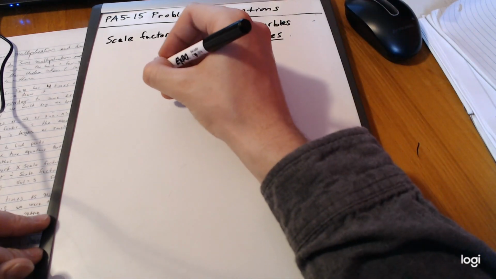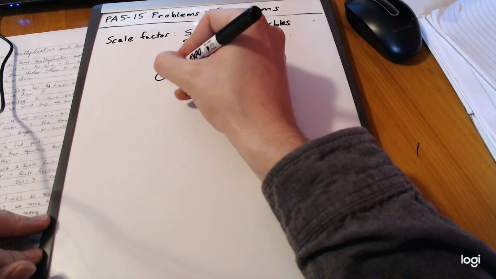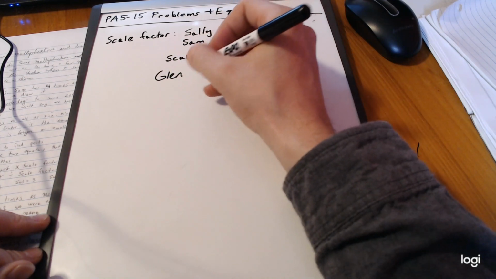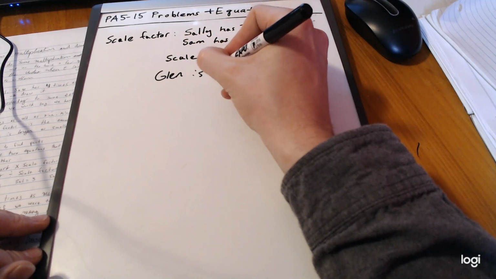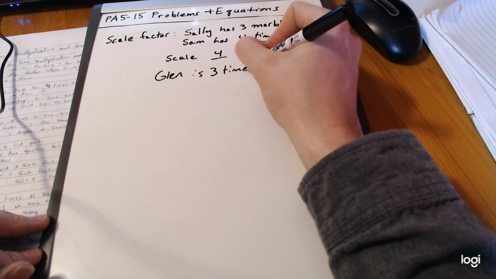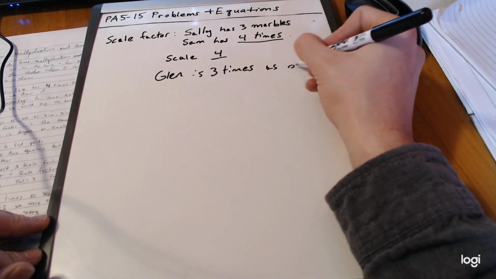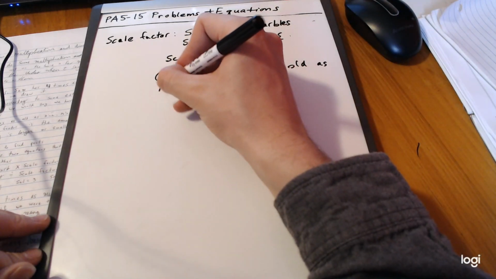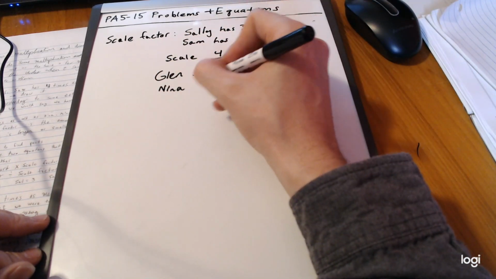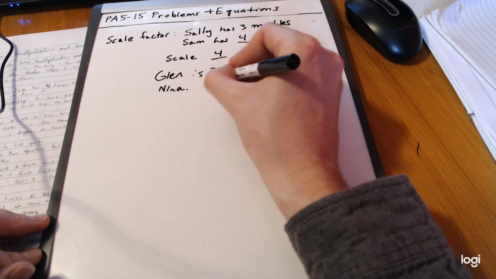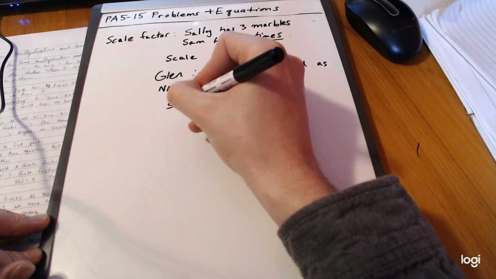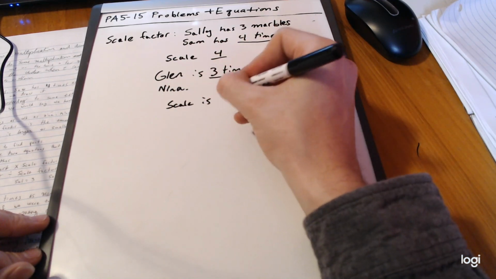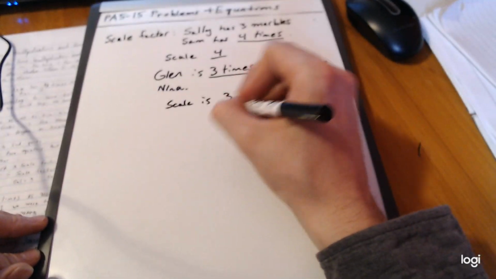I'm just going to show you one other example. If we had Glenn, and I told you he is 3 times as old as Nina, the scale factor here is 3 times. So we'd say the scale factor is 3. That's just something to remember.